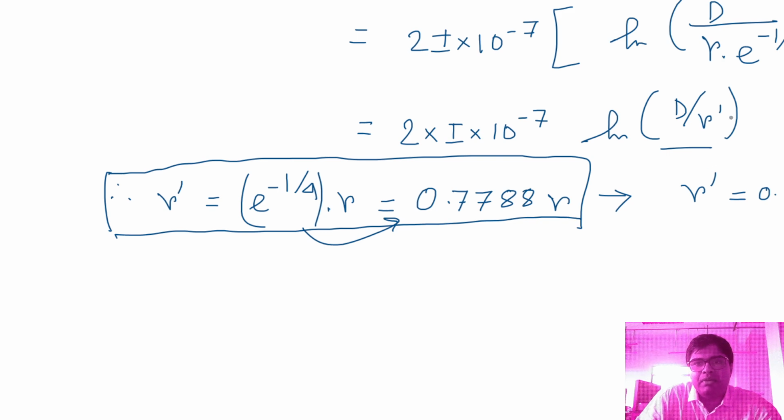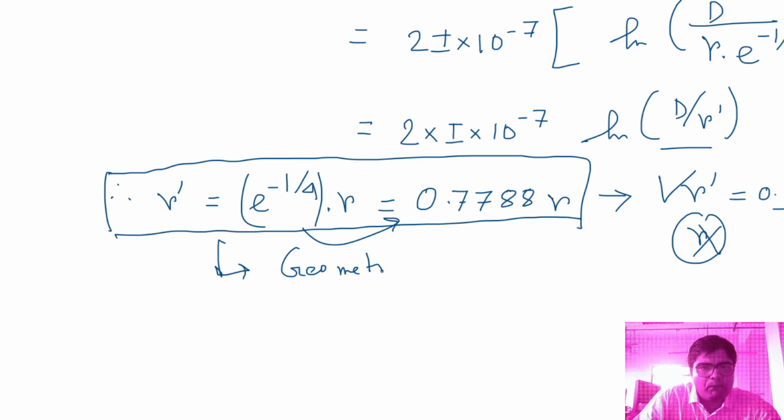It should never be considered as the full value of r, but a small fraction of r, that is 0.7788 r. This r dash is called geometric mean radius.